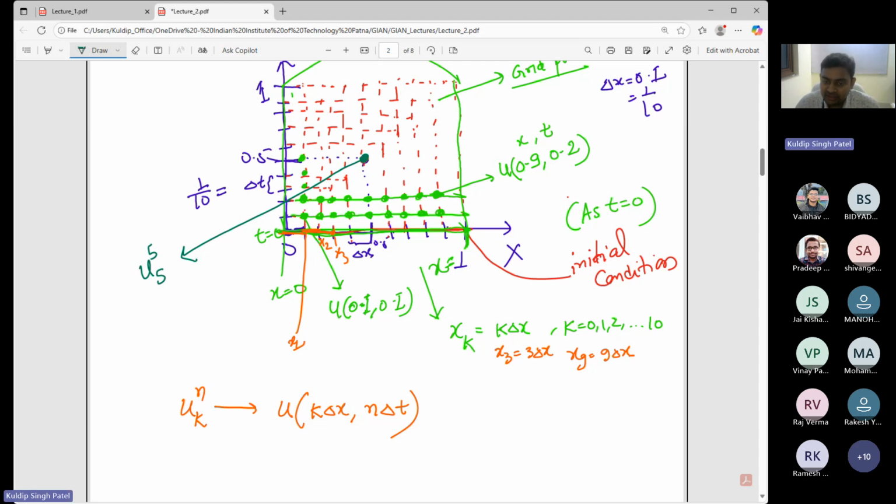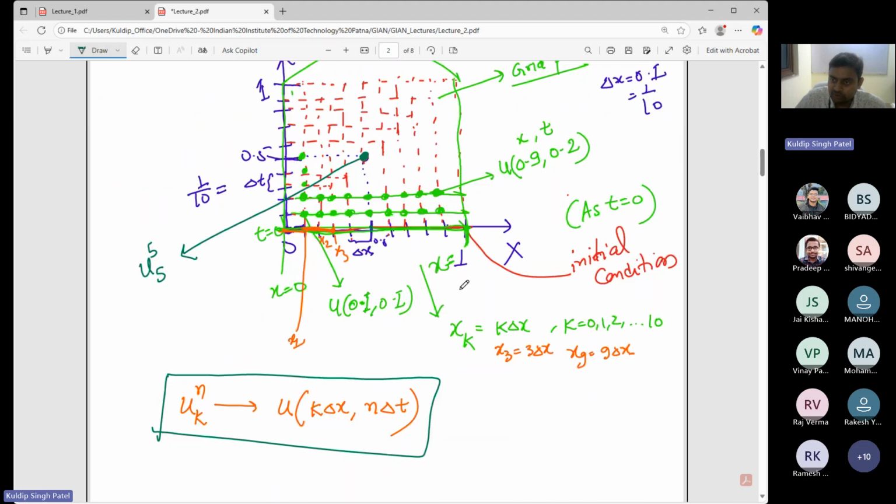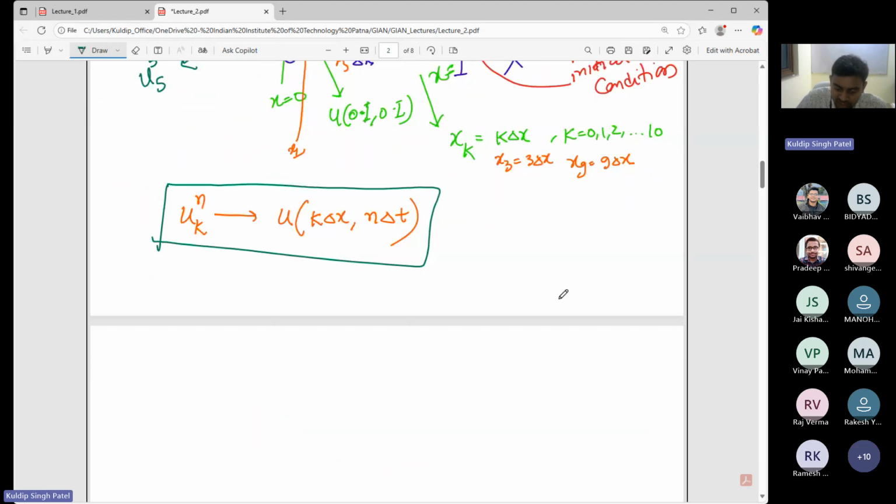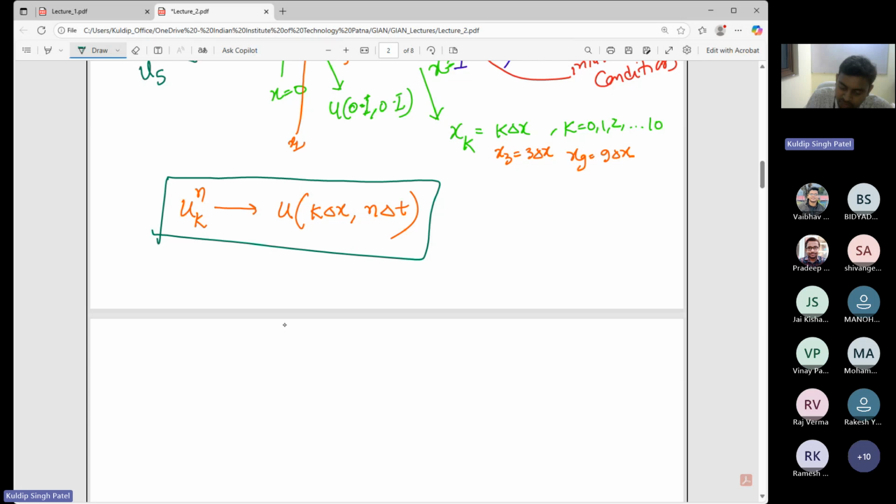Is it clear to everyone? u5 5, because in x it is at the fifth place, and in t also it is at the fifth place. This is the notation which we need to keep in mind. Don't panic if you are not getting it, just allow me some more minutes.